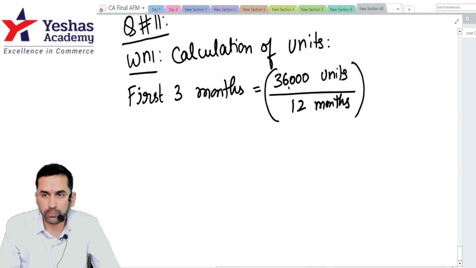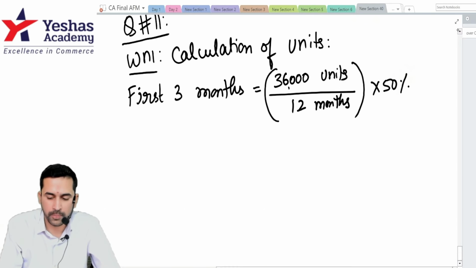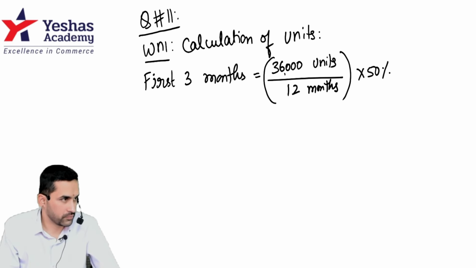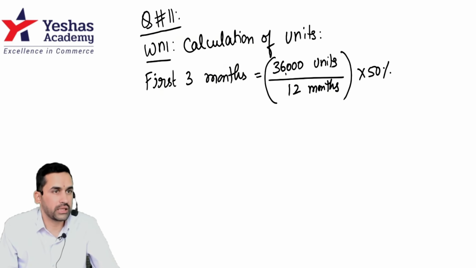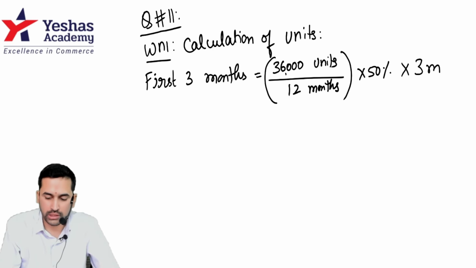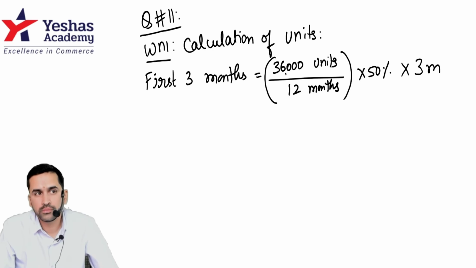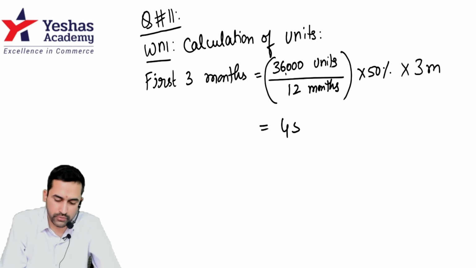Understand, this will give you monthly capacity. You have used only 50% of that. This will give you monthly actual production that you need for 3 months. 1,500.